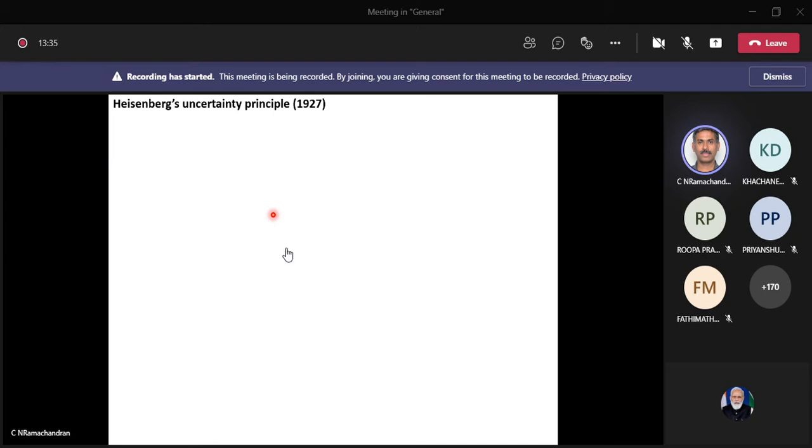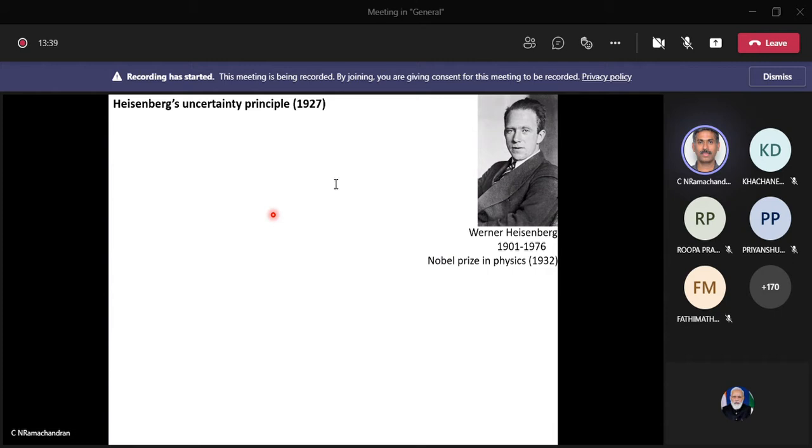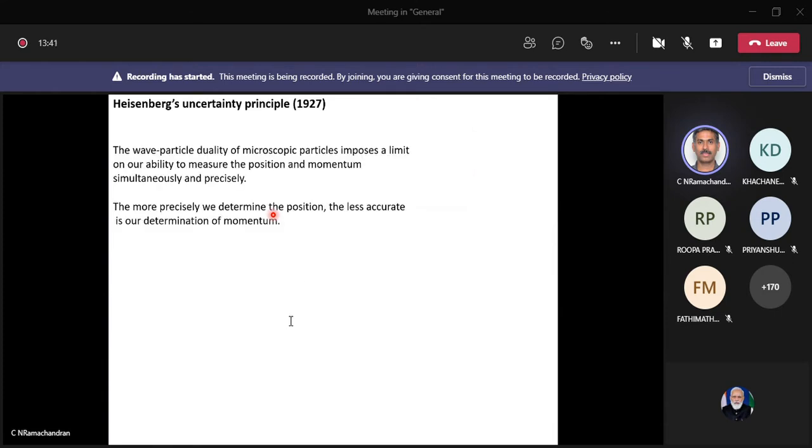And then Heisenberg's uncertainty principle. There are a lot of interesting things, and the main concept is that the wave-particle duality of microscopic particles imposes a limit on our ability to measure position and momentum simultaneously and precisely, because we cannot determine that. If you try to determine the position very accurately, then that will have some effect on its momentum.